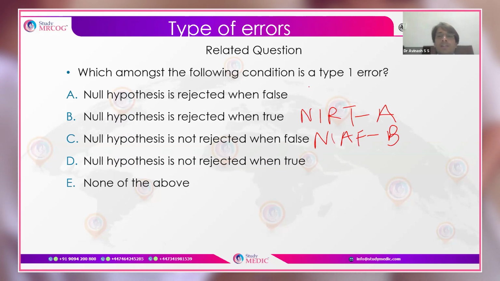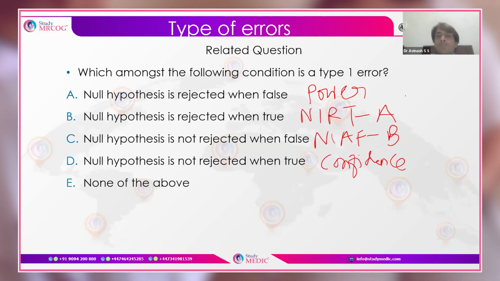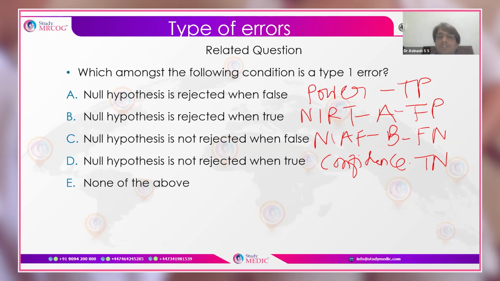Null hypothesis correctly rejected when false is power. Null hypothesis is not rejected when true is the confidence in our study. So power is the true positive, beta error is the false negative, alpha error is the false positive, and confidence is the true negative finding of our study.